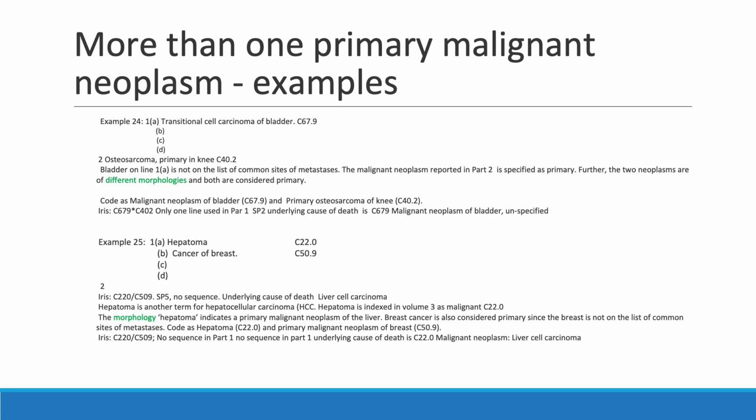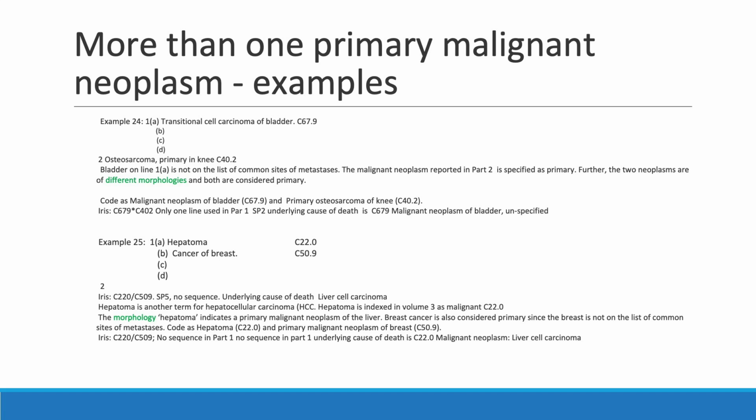The first scenario is where a patient has a transitional cell carcinoma of the bladder and primary osteosarcoma of the knee, noting that these are of different morphologies and both are considered primary neoplasms. Multiple cause coding instructions, only one line in part 1. Therefore, the underlying cause of death is C679.